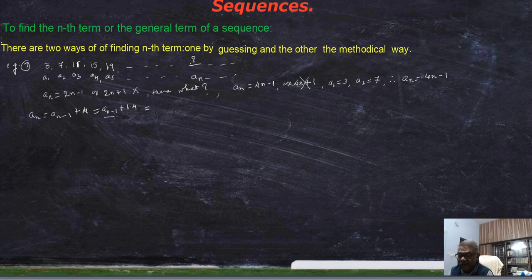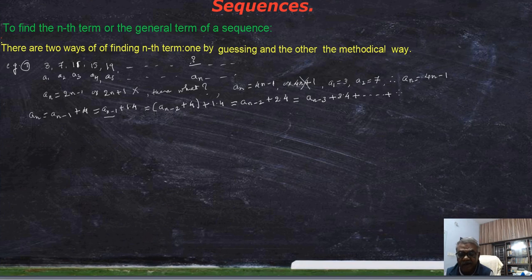And this an minus 1, I can write down as an minus 2 plus 4 by the definition of the sequence, and plus 1 into 4, and this is an minus 2 plus 2 into 4. So you can go on doing so. That is going to be an minus 3 plus 3 into 4, and so on and so forth.